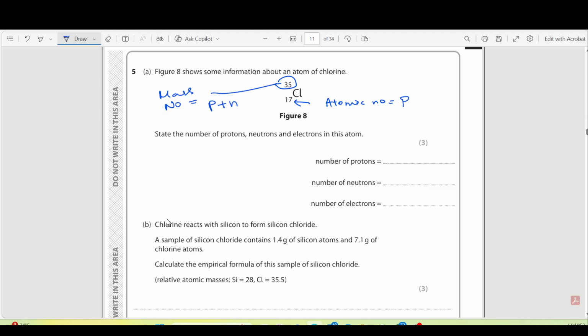So atomic number is just the number of protons, which is 17. The number of protons and electrons are always equal, so if protons are 17, electrons are 17. Number of neutrons we can find by subtracting atomic number from mass number. So 35 minus 17, which is 18. 18 is the number of neutrons.